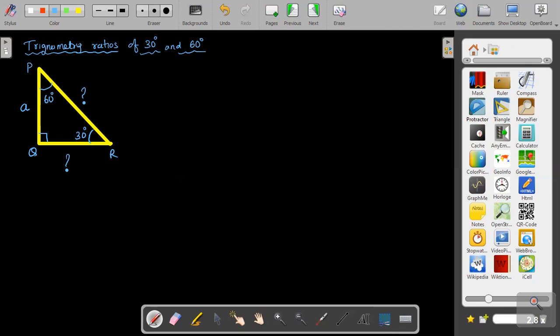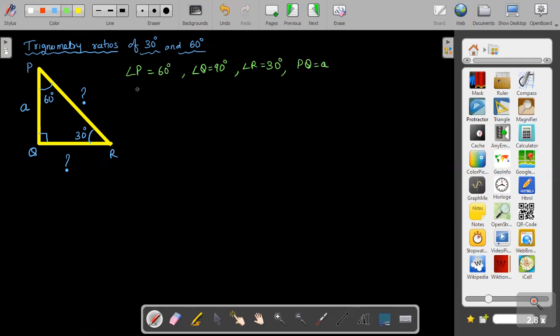So what is given to us? Angle P is given 60 degree, angle Q is given to us 90 degree, angle R is given to us 30 degree. We have already drawn it in the diagram, and we know the side PQ as A.